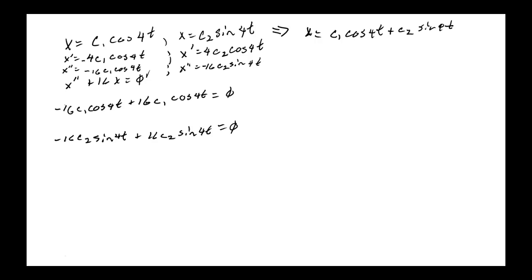Then plug that combination into x double prime plus 16x, and you will see, of course, you get 0 again. So the bottom line is that it's straightforward to verify that a linear combination of solutions, or a two-parameter family, is also a solution to a differential equation.